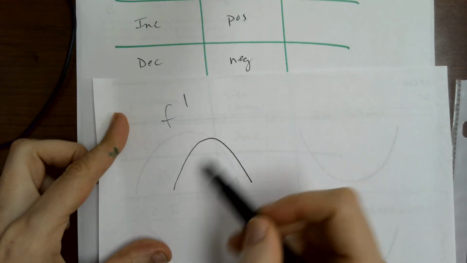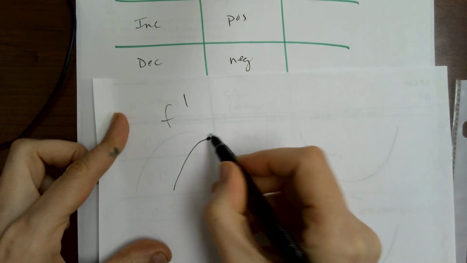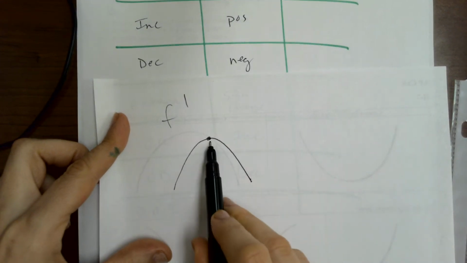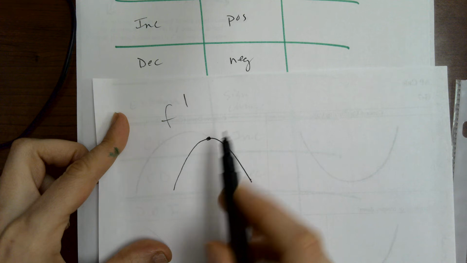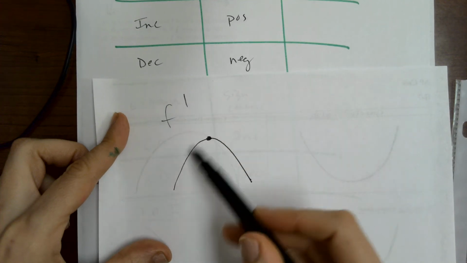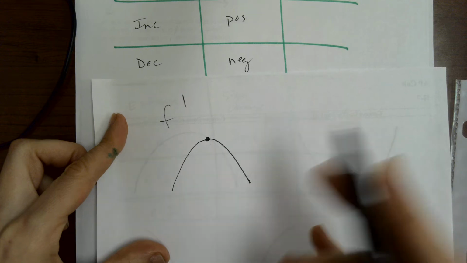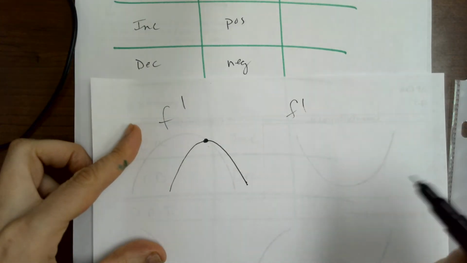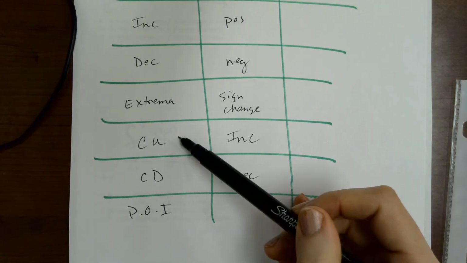Right, so this is the graph of F prime. It's changing from increasing to decreasing. Well, then this point here on F prime would correspond to the point of inflection on F. And guys, what do you call this type of point? Look at this here. That's an extrema.